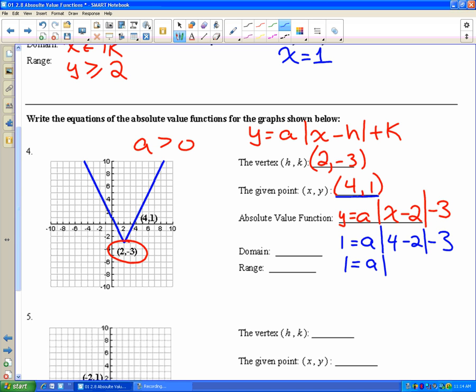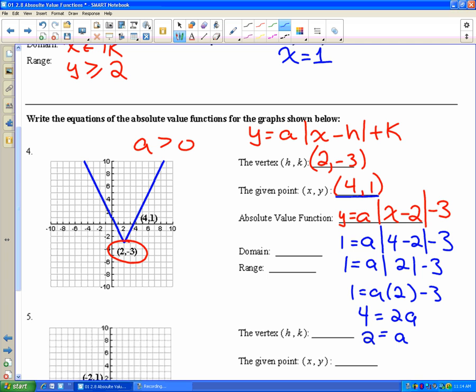So 1 equals a times the absolute value of 4 minus 2, which is 2, minus 3. I'm going to add 3 to both sides. I get 4 is equal to 2a, so a has to be 2.